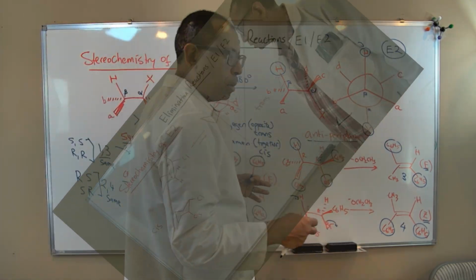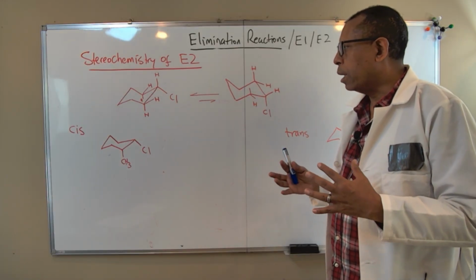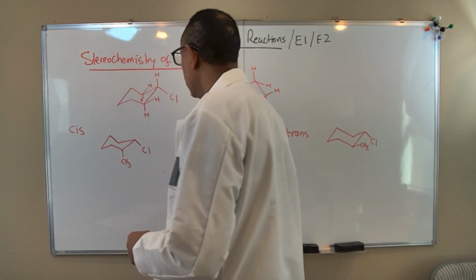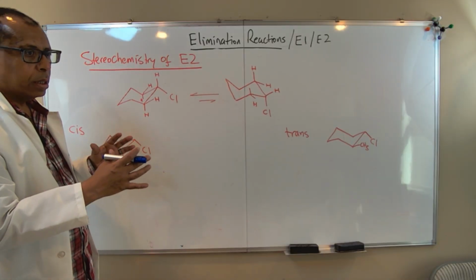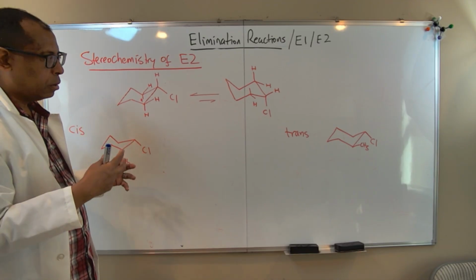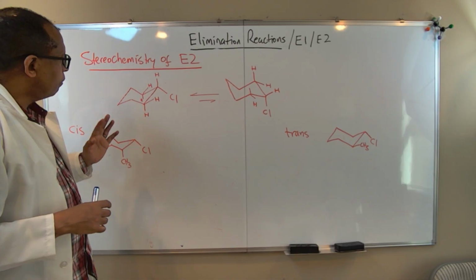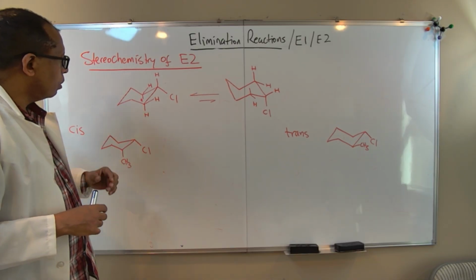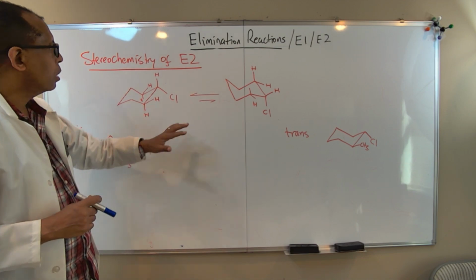We have seen an open system, like an alkane that's not cyclic, an acyclic one, for an E2 reaction. We can just arrange the molecule by rotating it so that the alpha halide and the beta hydrogens would be antiperiplanar.